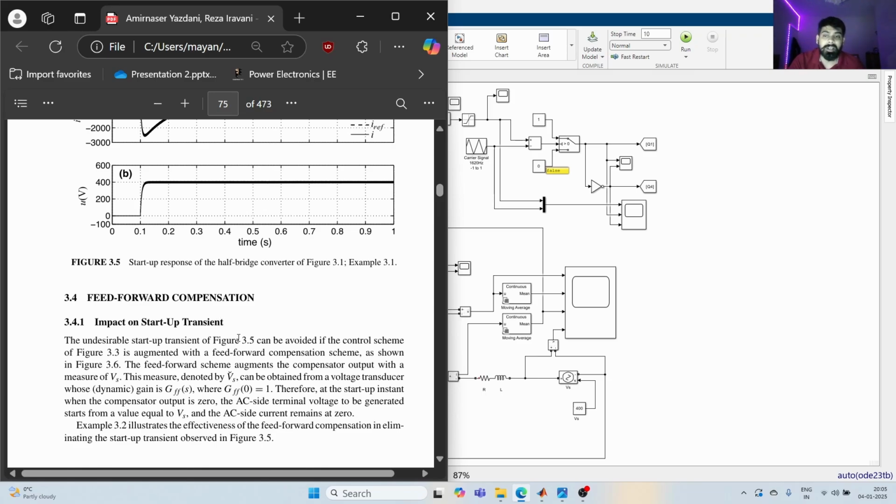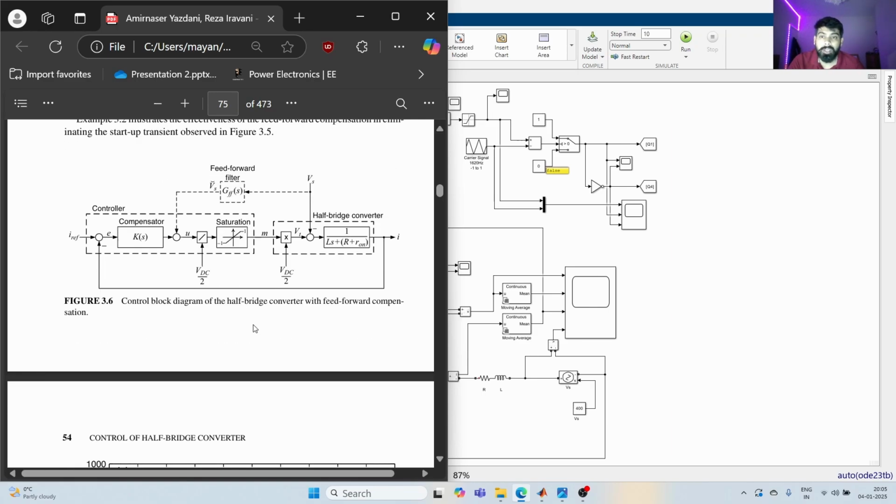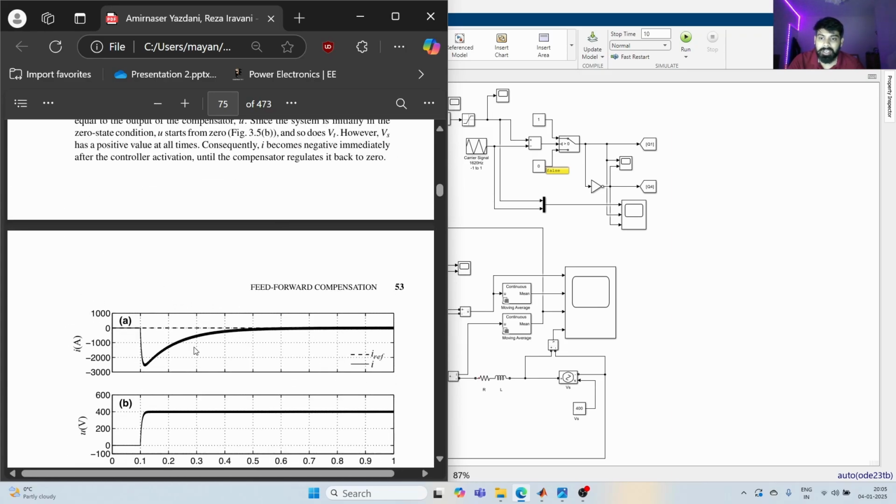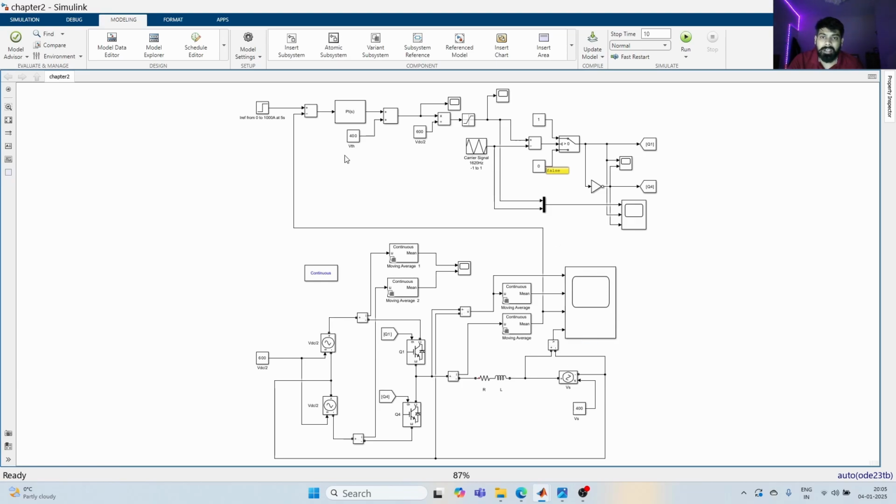Basically, it was mitigating the startup transient that we saw in the current, which was basically loading our converter initially. This huge negative current flowing from the source to our converter initially, and as soon as we added the feed forward compensator, or the information of the AC system, to the output of our compensator, we saw that initial transient was mitigated very effectively, and we got our desired results.